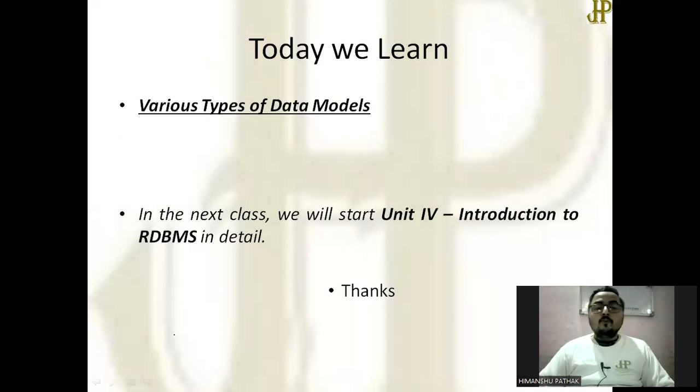Okay, and four properties should be maintained, that is, no duplicacy, data should be atomic, order of columns is immaterial, and order of rows is also immaterial. In the next class, we will study the relational database management system in detail.